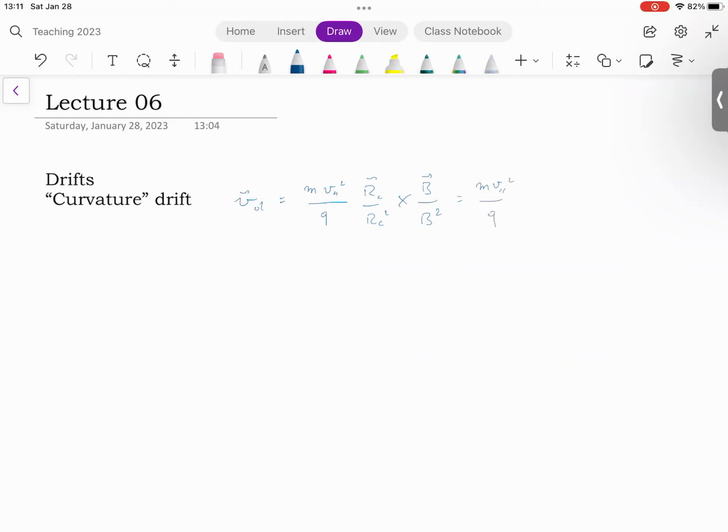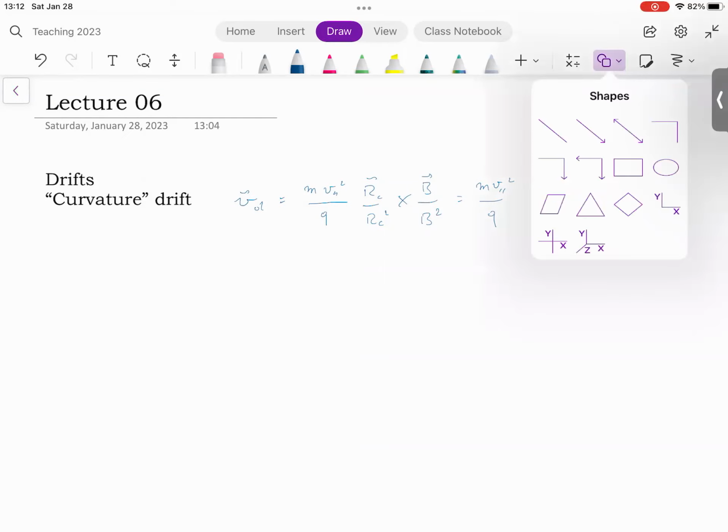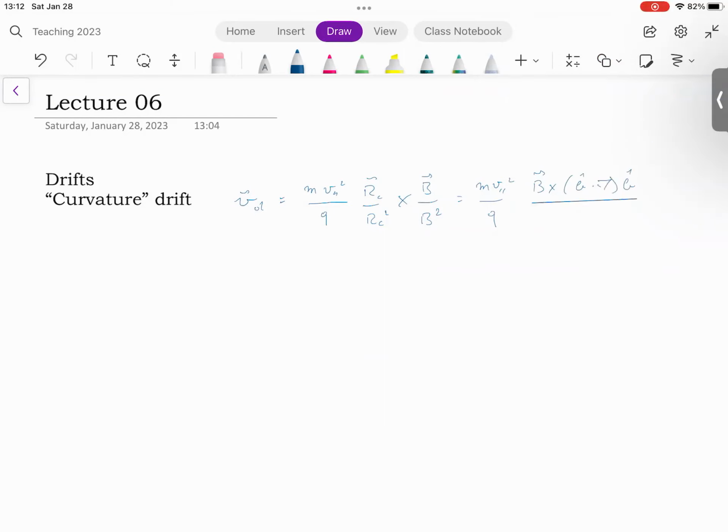And this part doesn't change, but replacing the definition of the radius of curvature, we can write this as B cross B hat dot grad B hat, where B hat is the unit vector aligned with the magnetic field, divided by B square.